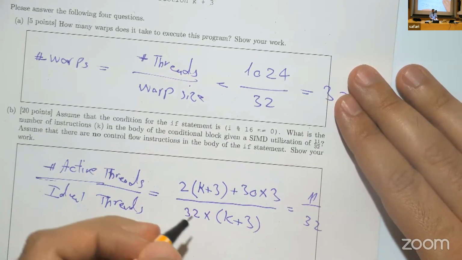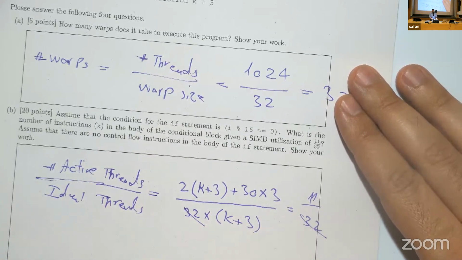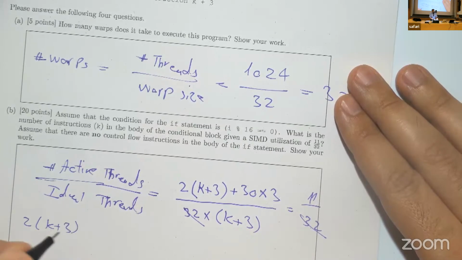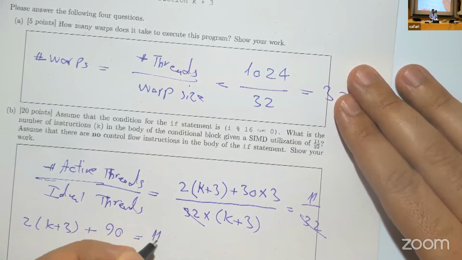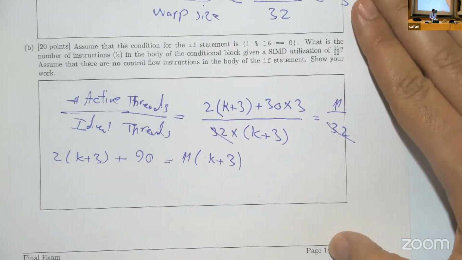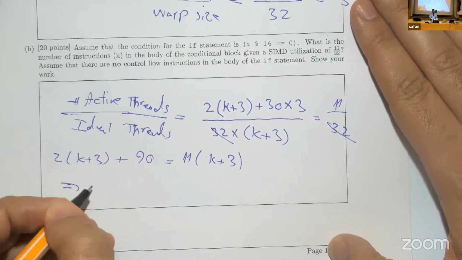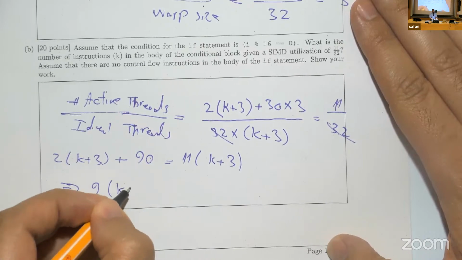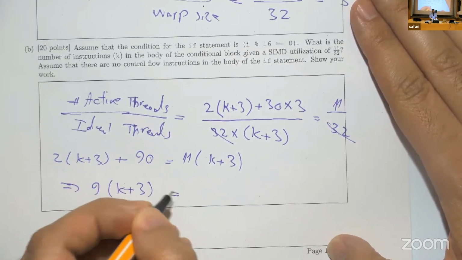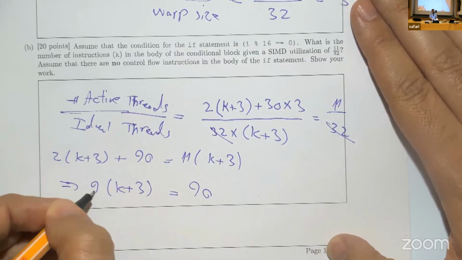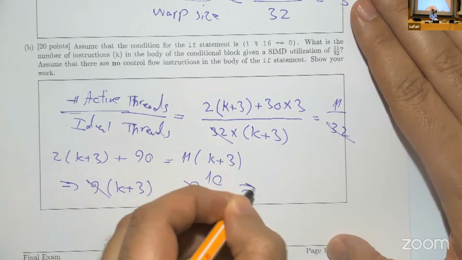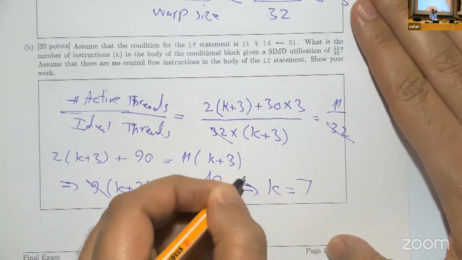You can easily cancel out the common factor, and then we have 2(k plus 3) plus 90 equals 11 times (k plus 3)... which gives 9k equals 63, which means that k is 7.